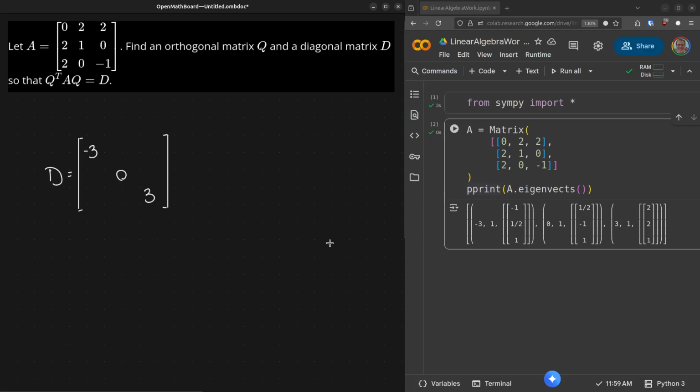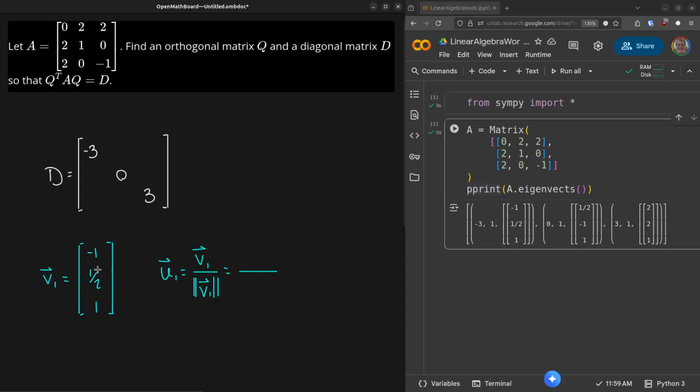So I'm going to take my three vectors, v1, which is negative 1, 1/2, 1, and I'm going to normalize it. And I'm going to call it u1, which will be the unit vector pointing in the direction of v1. And so I will get, the norm of v1, let's do that first.